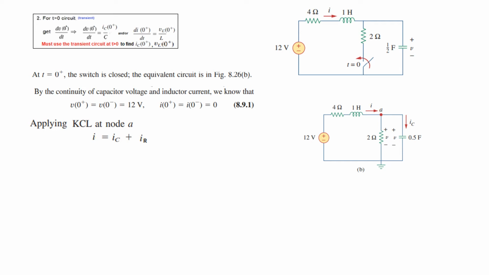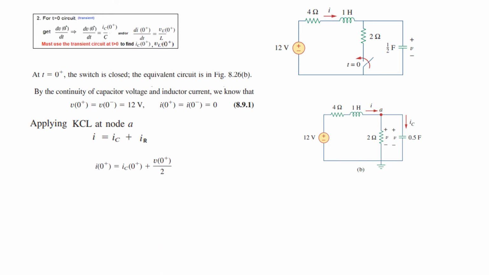Now we work on this mode because we actually need to find IC for this. So at this node, if we write KCL equation, current entering is current leaving. So we can say I is equal to IC plus IR.